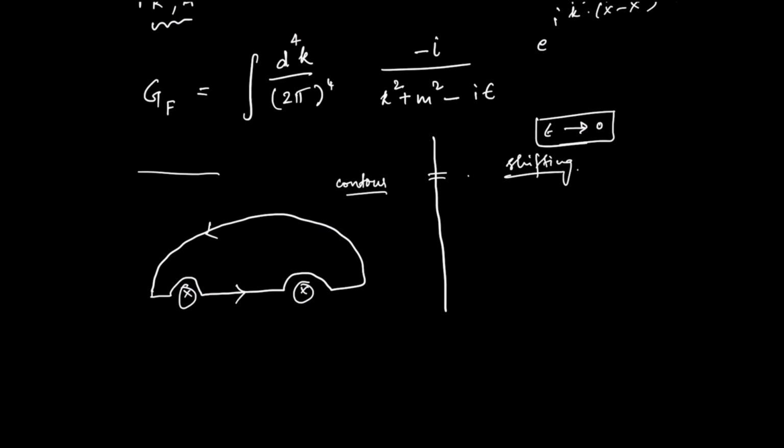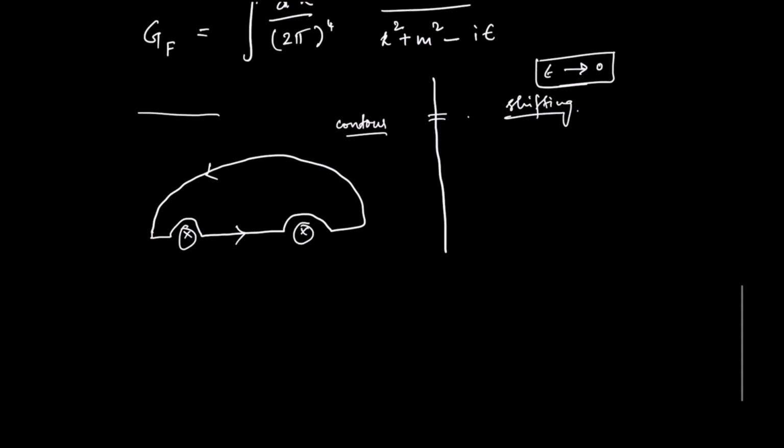So we are almost at the end of concluding the free field theory. So far what we have seen was free field theory. There were no interactions. So before going to interactions, let's discuss some remarks.